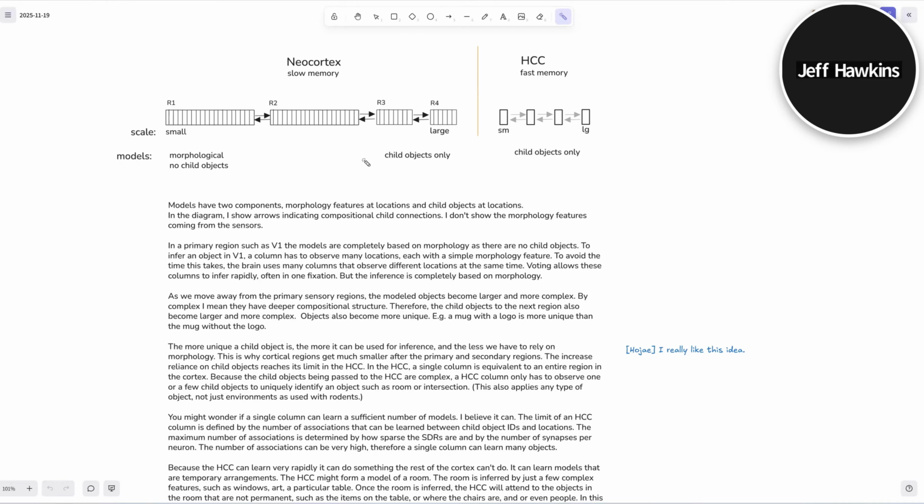I might have described this better than I'm doing right now. But as the child objects become more sophisticated, you don't really need to do voting. If I walk into some place and want to recognize where I am, unless I have a model of it in my hippocampal memory, I just need to see one or two semi-unique objects, and then the relative position, and I'm done.